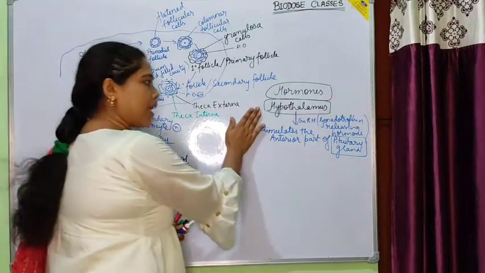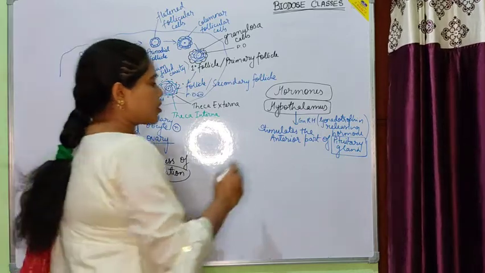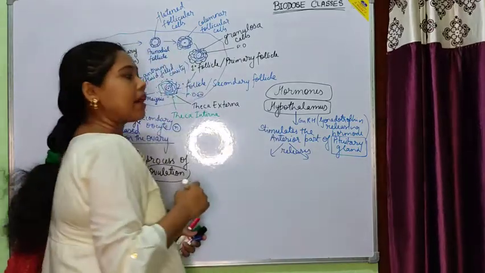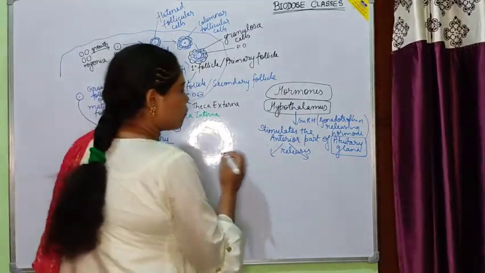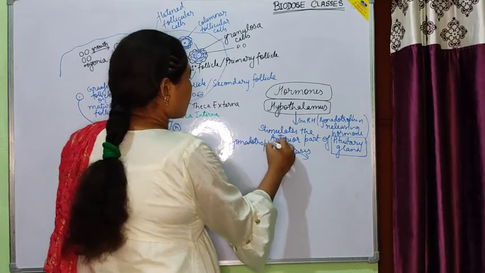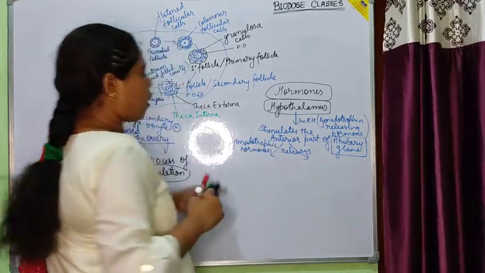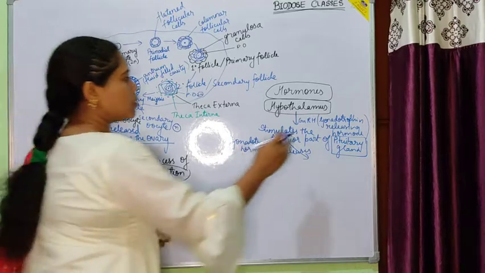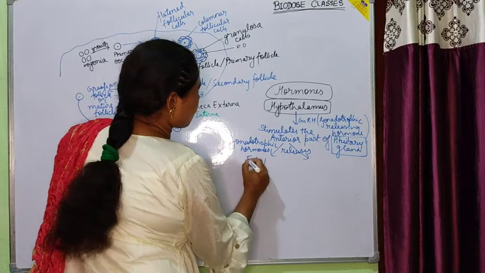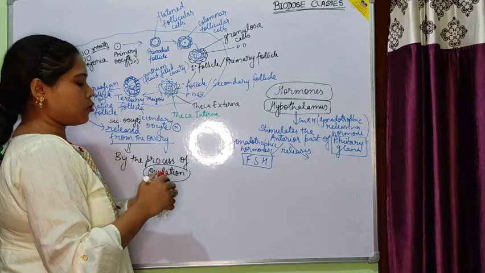So the hypothalamus would stimulate the anterior part of pituitary gland, which in turn releases gonadotrophic hormones. So this would release gonadotrophic hormones. Now, these gonadotrophic hormones are, first one is FSH, that is follicle stimulating hormone.